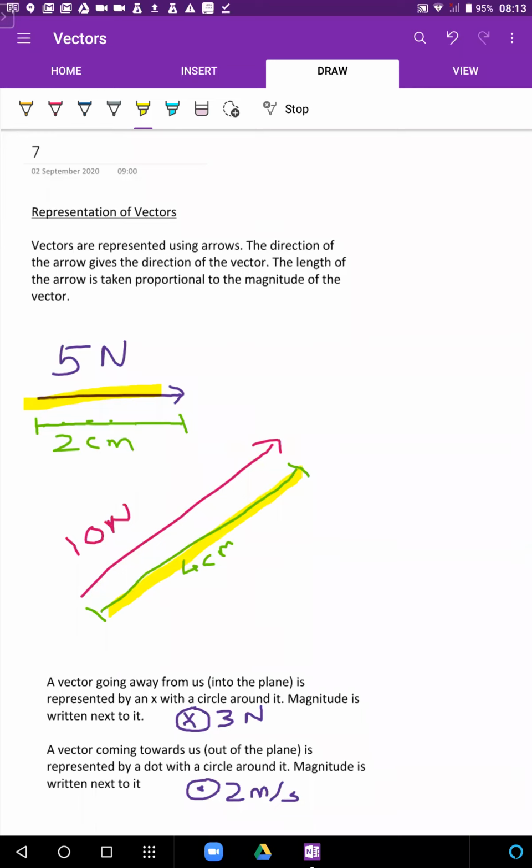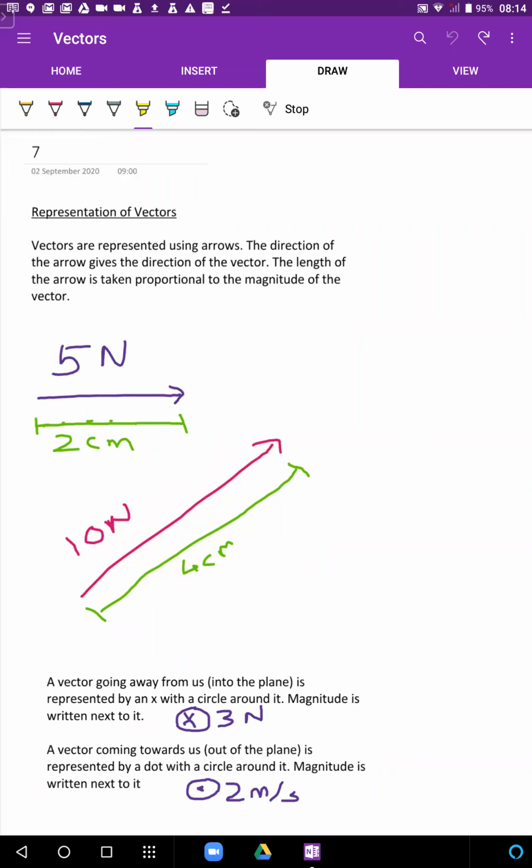Theoretically, तुम्हें scale use करके draw नहीं करना पड़ेगा, but theoretically this is what you have to do. So if I draw a 5 Newton vector 2 centimeter long, then I'll draw a 10 Newton vector 4 centimeters long. Okay, 4 centimeters long.